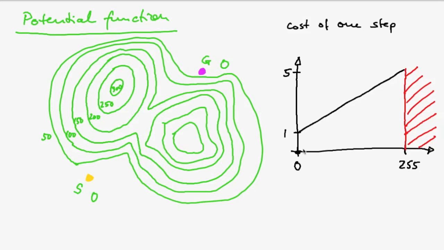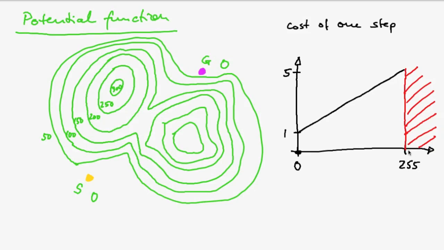So you would say making one step at sea level costs me a unit cost, but making one step at 254 meters above sea level will cost me 5 unit costs. And so here it is, the perfect specification. It is of course unclear if your friends will ever take you on this hike, but nevertheless it is a perfect specification.